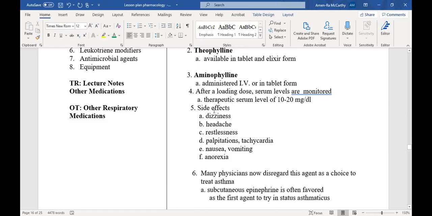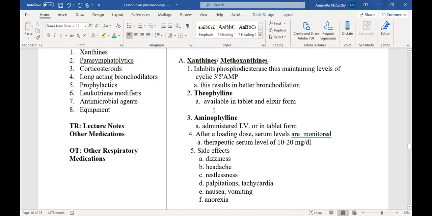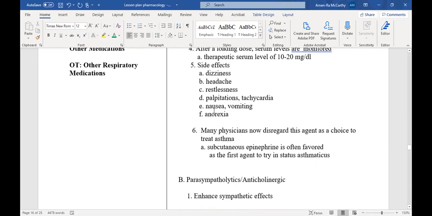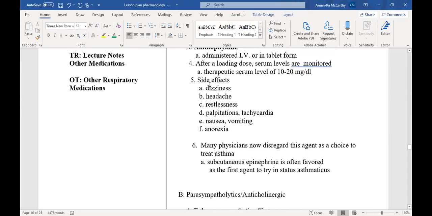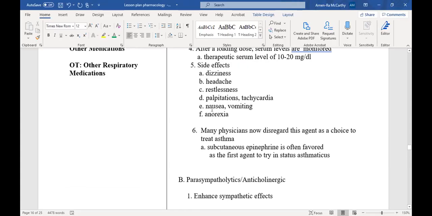All right, what are the side effects of methylxanthines? The side effects are dizziness, headache, restlessness. They can even give you palpitations, tachycardia, nausea, vomiting, and anorexia. Some people that take xanthines are always nauseated, right? So if you're always nauseated, then you're not going to eat, okay?